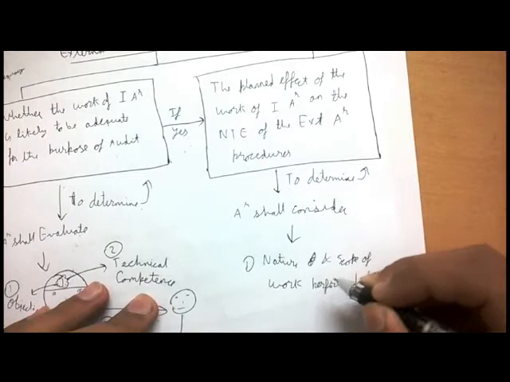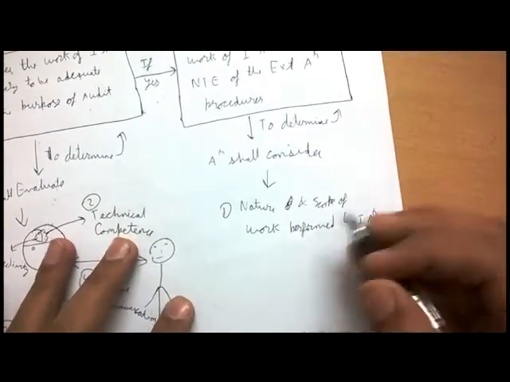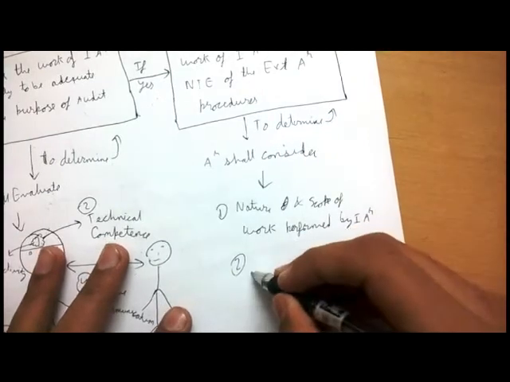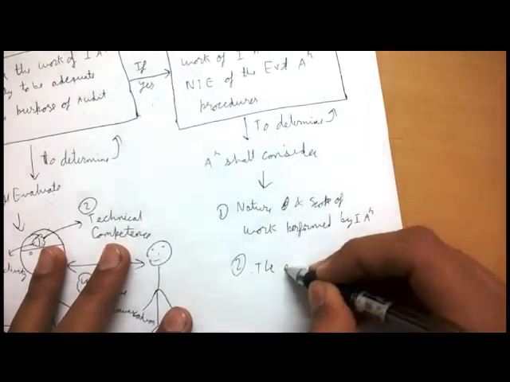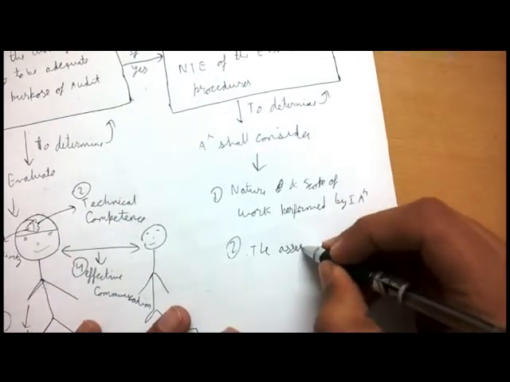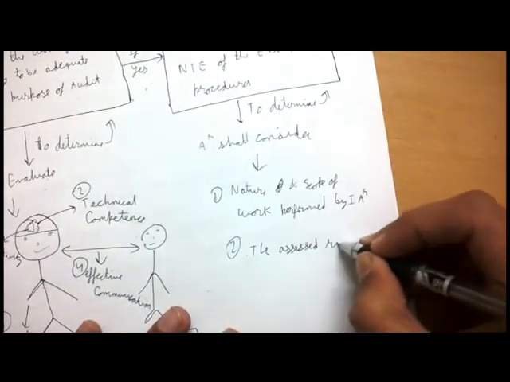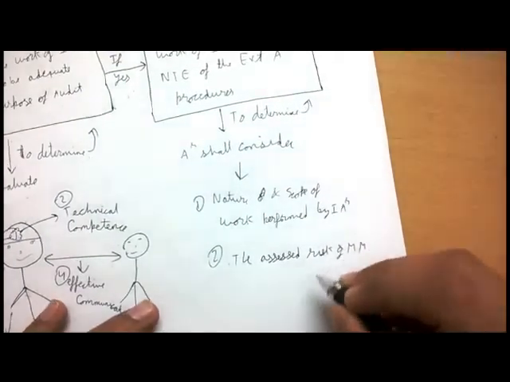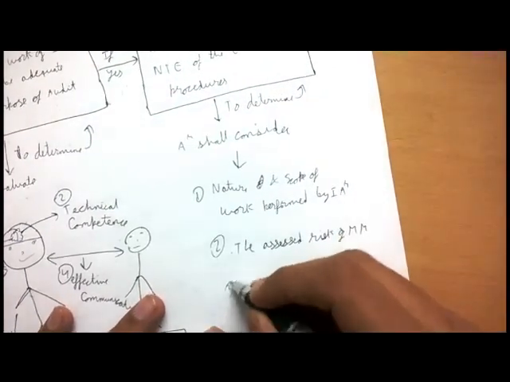He is going to consider the nature and scope of the work which the internal auditor has already performed. Then he shall consider the assessed risk of material misstatement.